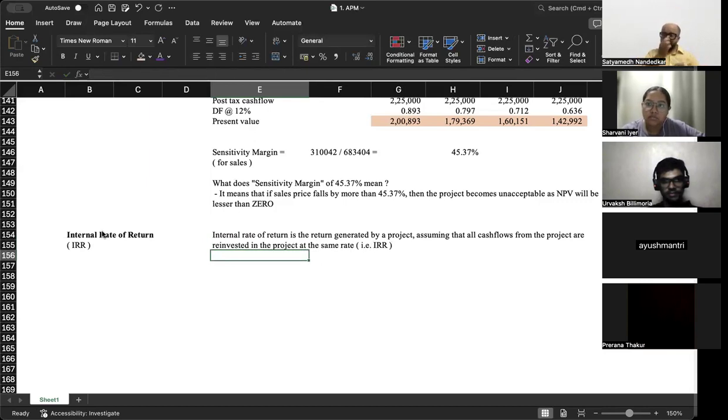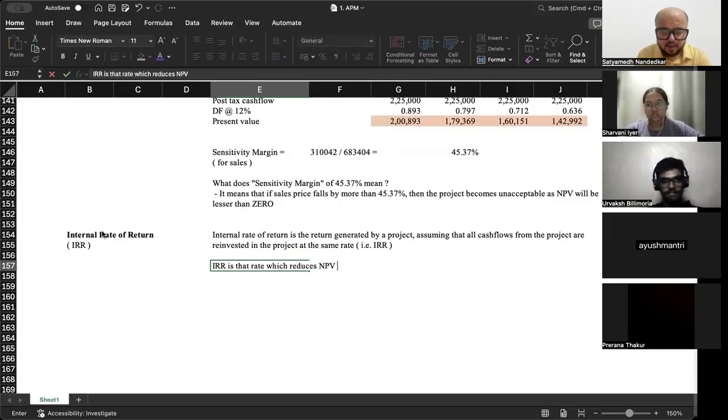Now, IRR is also the rate at which the project breaks even in present value terms. So when you are calculating IRR, it is that rate which reduces the NPV to zero. Okay? IRR is that rate which reduces NPV to zero.